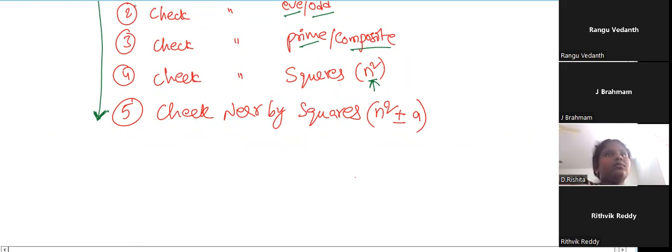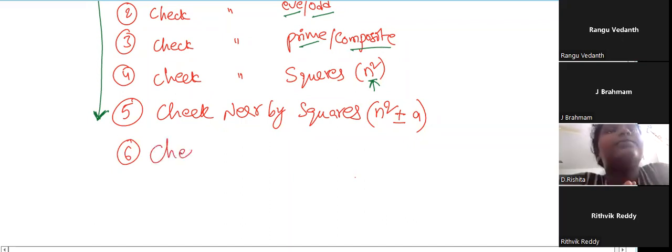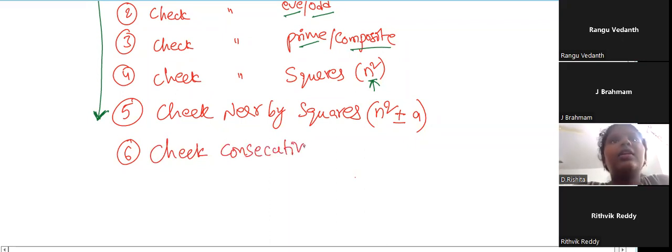We have verified natural numbers, not matching; even odd, not matching; prime composite, not matching; perfect square, not matching; nearby square, not matching. Then what can we try next? Cubes. We have to check whether the given numbers are cubes. First check consecutive cubes, then nearby cube numbers.